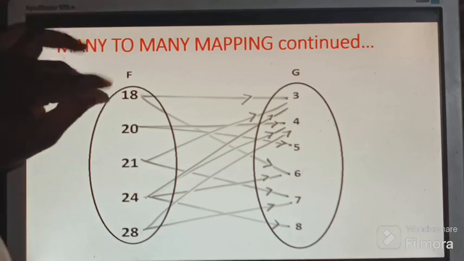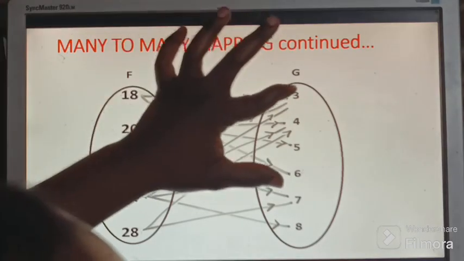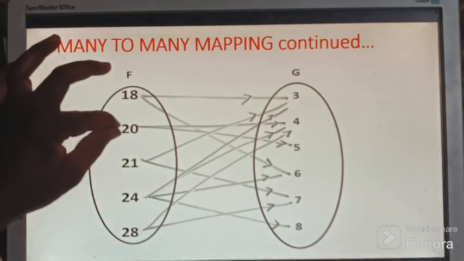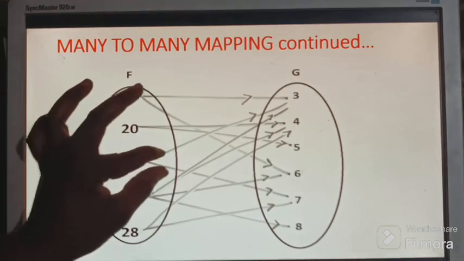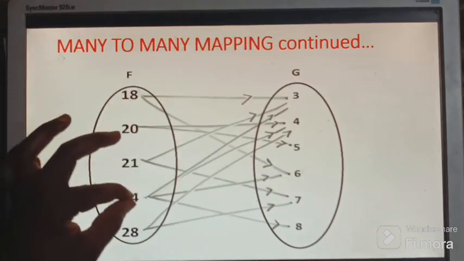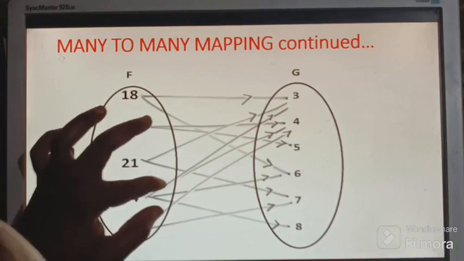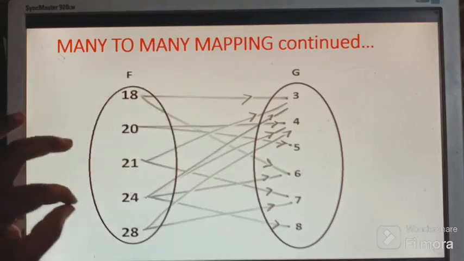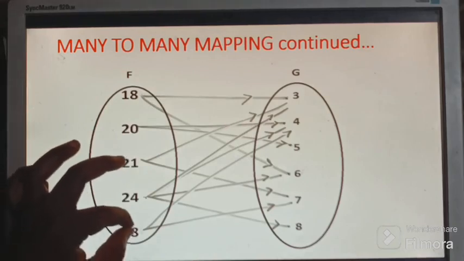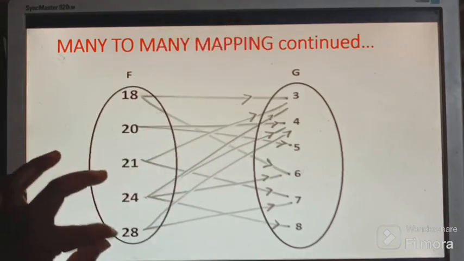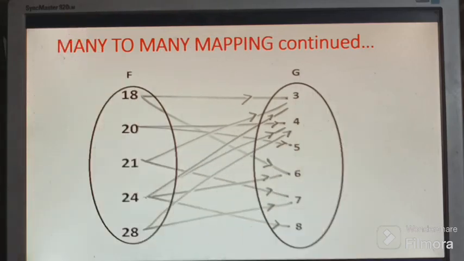We see 18 has 3 and 6, 20 has 4 and 5, 21 has 3 and 7, 24 has 3 and 8 and also 4 and 6, and 28 has 4 and 7, like that. So you can see here one to many is satisfied.